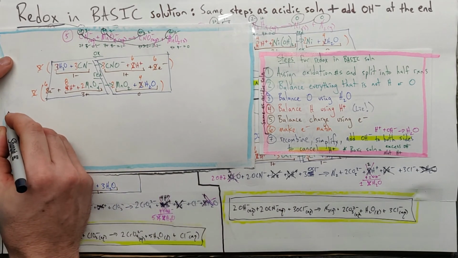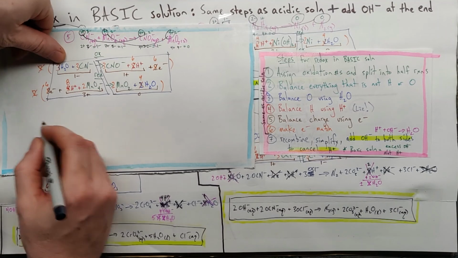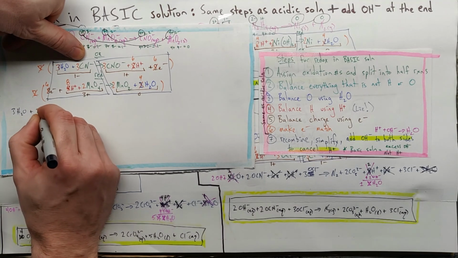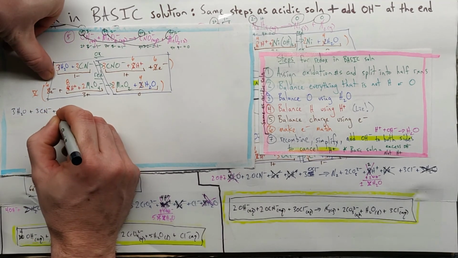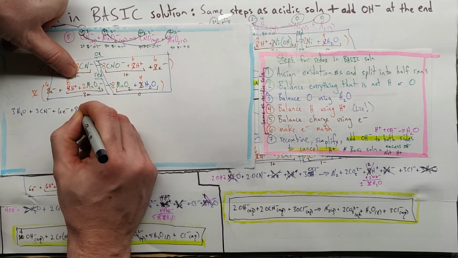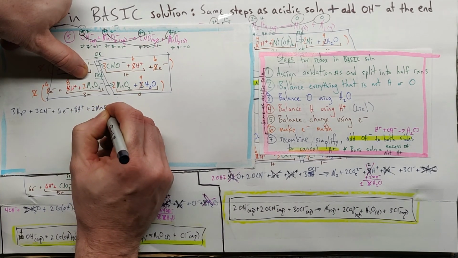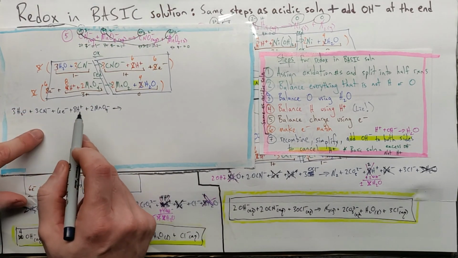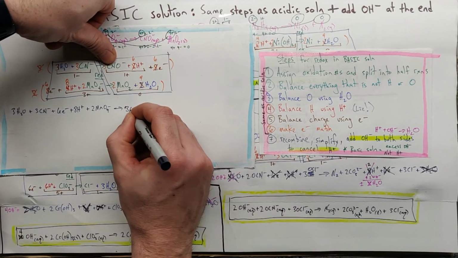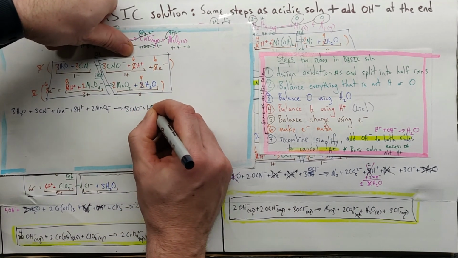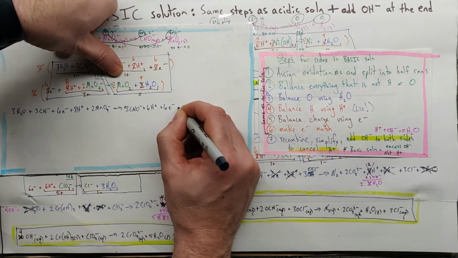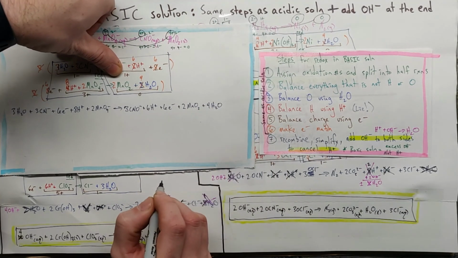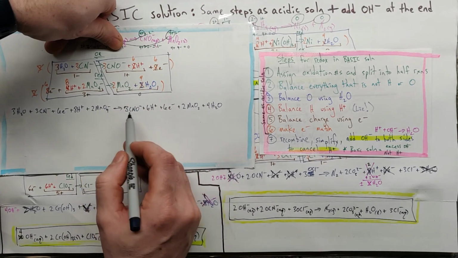I'm going to leave room in case I need to add a hydroxide over here, but I should have 3 waters and 3 cyanides and 6 electrons, 8 hydrogen ions, 2 permanganates, and I'll double check: 3, 3, 6, 8, 2, 3, 3, 6, 8, 2. I got all those. 3 CNO minus, 6 H plus, 6 electrons, 2 MnO2, and 4 H2O. All right, should be 3, 6, 6, 2, 4, 3, 6, 6, 2, 4.